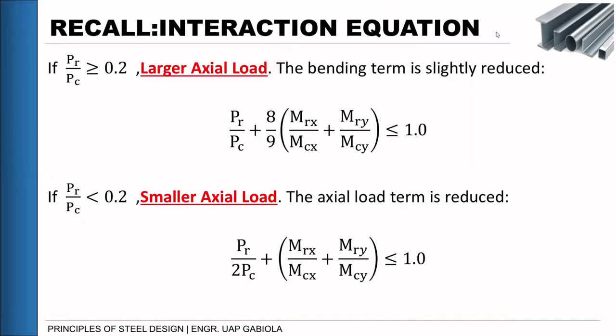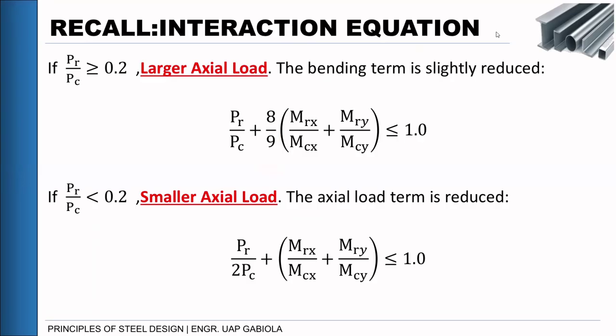So it means that we try to reduce our bending strength, or flexural strength, by almost 1/10 of the capacity, or 8/9. And then we check whether the combination of the compressive force and the bending strength is less than or equal to unity.